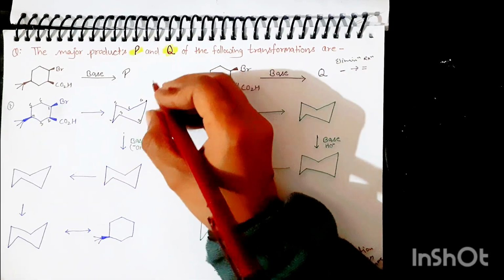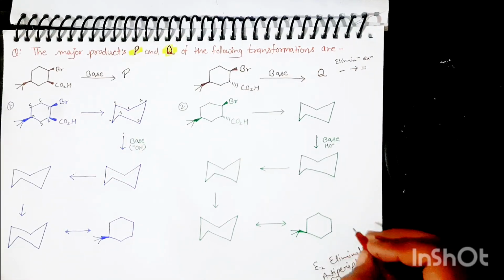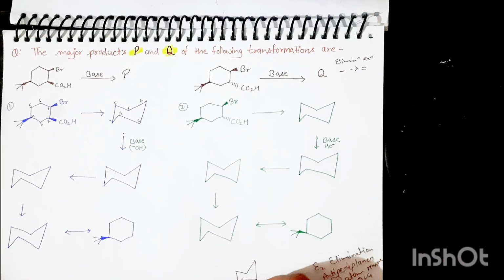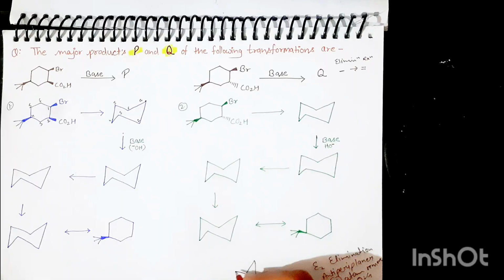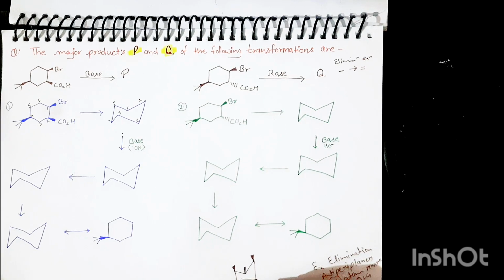So on the C1 carbon they are giving one bromine atom. We all know in the chair form all upward axial positions are wedge positions, and downward axial positions are represented by dash.